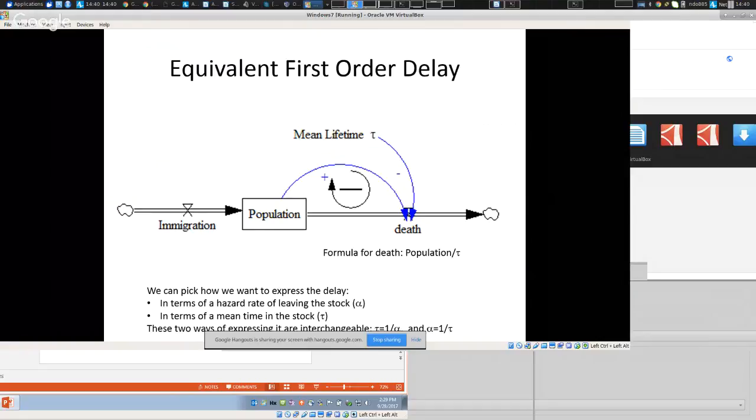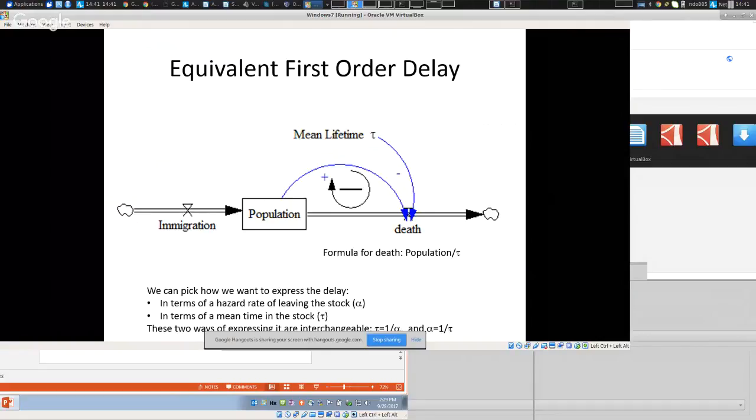Years, let's say. And you'll notice what the formula is for the outflow here. If this mean lifetime, tau, has a certain unit, let's say years, and let's say the population has a unit of people, count of people, then what is the unit associated with this flow of death? If the formula for the flow, for death here, is population divided by tau, what's the unit associated with that?